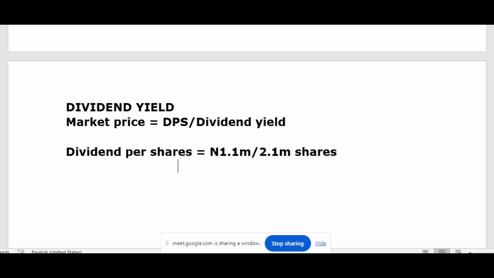Class, what is the dividend per share? 52 kobo, which is 0.52.